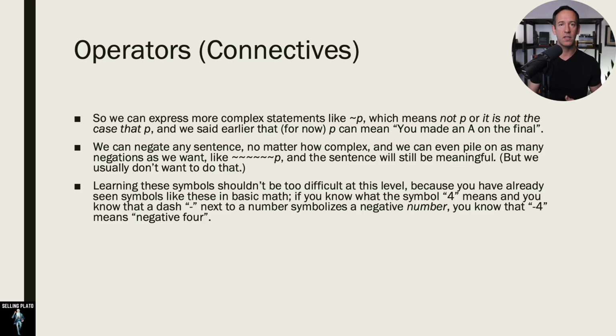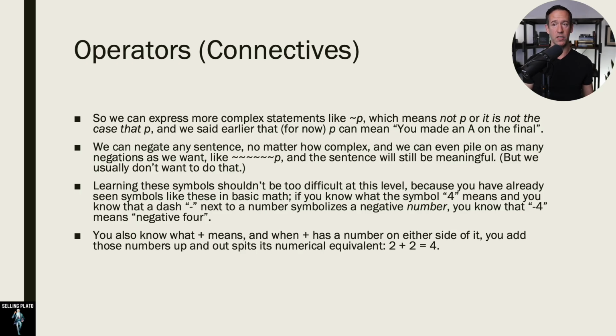So if you know that a dash next to a number symbolizes a negative number, you know that that thing right there, not 4, or -4 really, means -4. All right, it's the same sort of principle. You've done this before. It's just you're learning a couple different rules for the specifics within our logical language. But you've already done that for basic math, basic arithmetic.